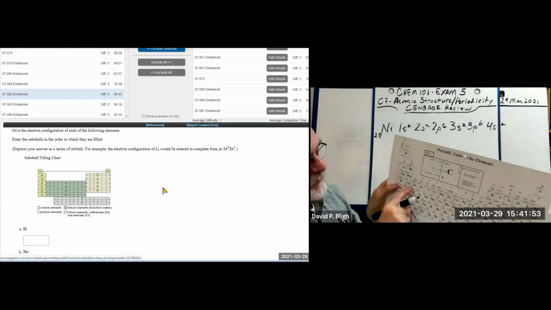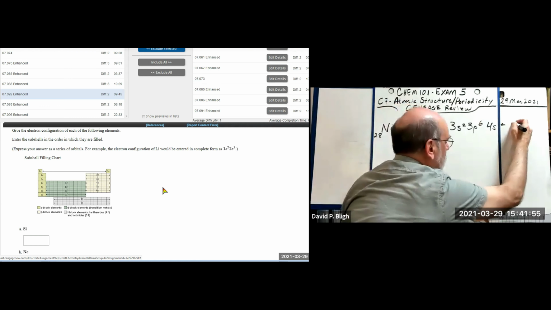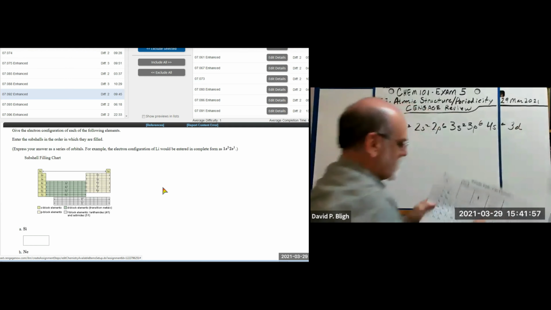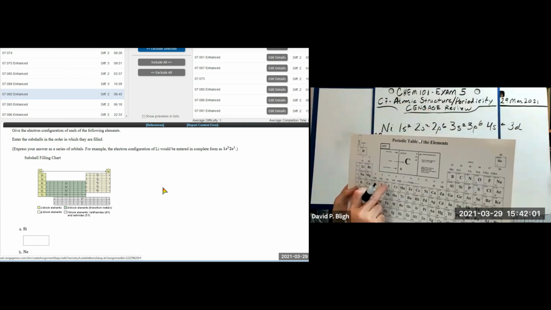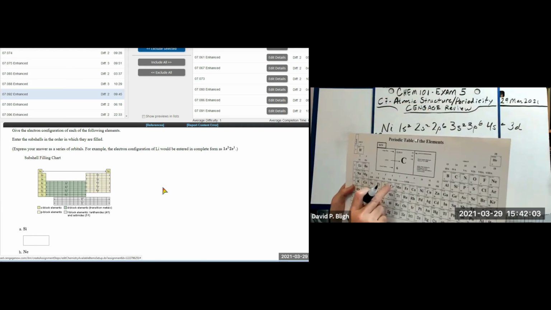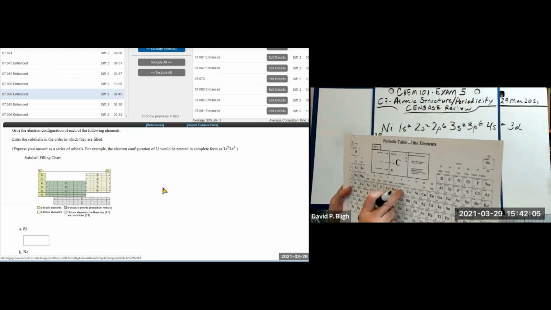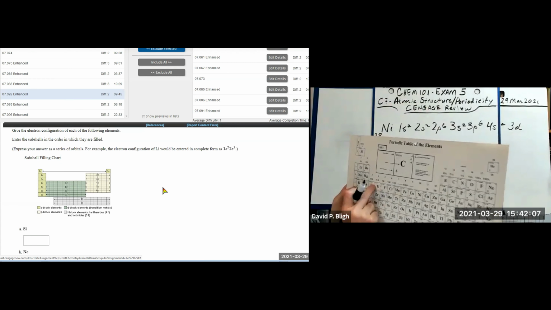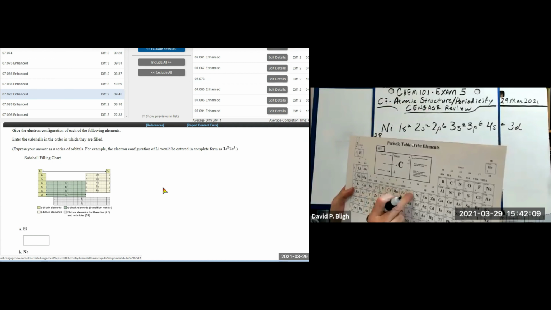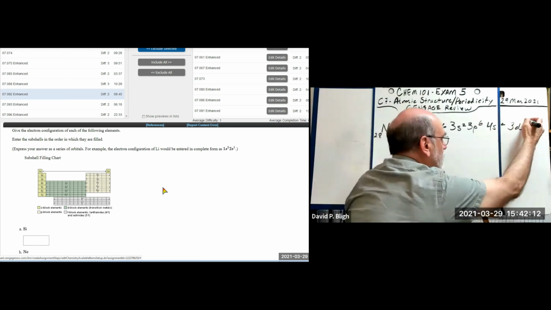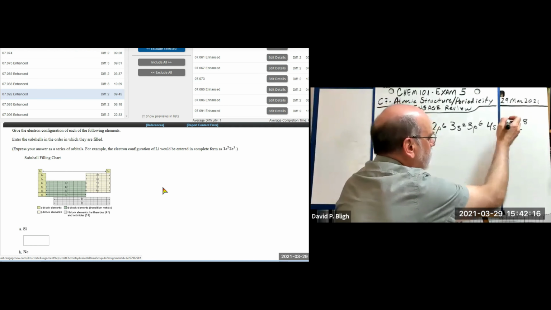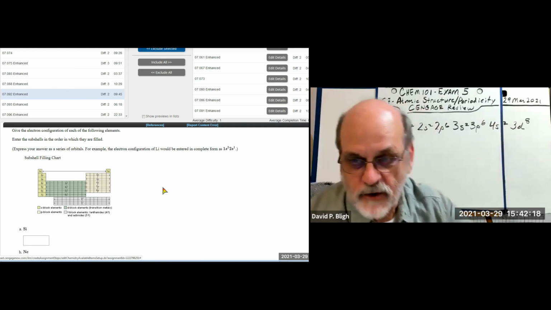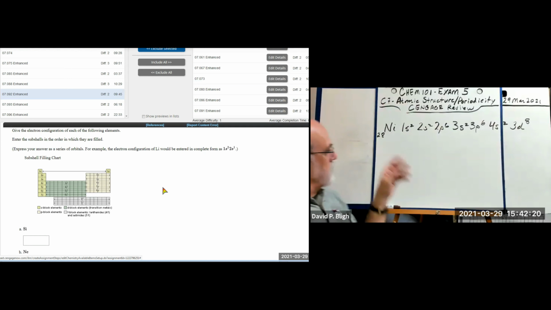So scandium, 3d, and we just count over: scandium, titanium, vanadium, chromium, manganese, iron, cobalt, nickel. So that's 1, 2, 3, 4, 5, 6, 7, 8. There we go. That's the electronic configuration of neutral nickel.